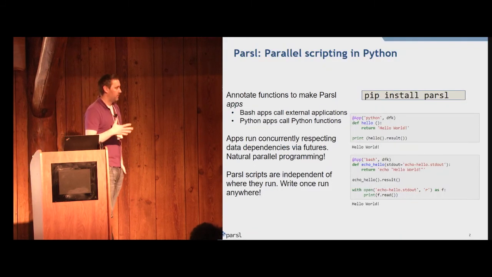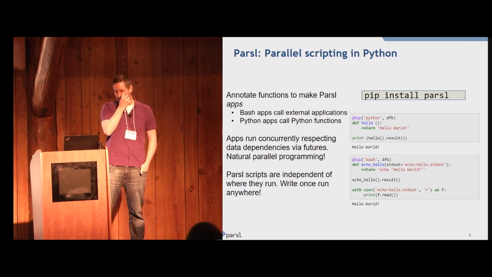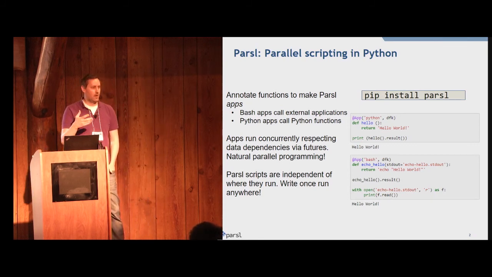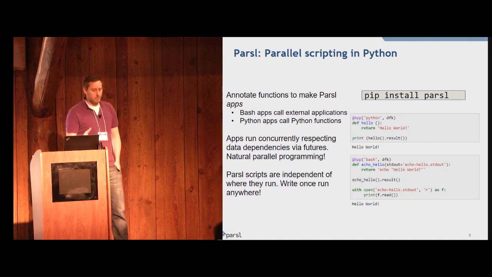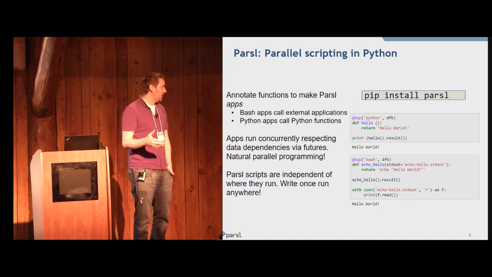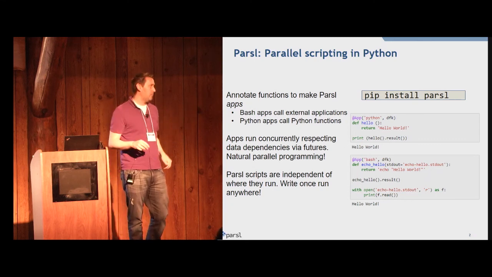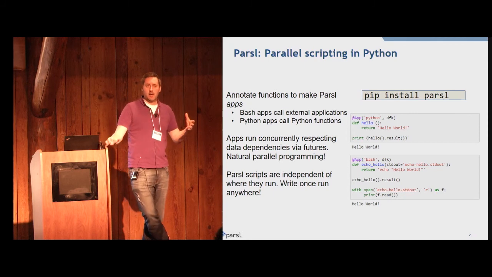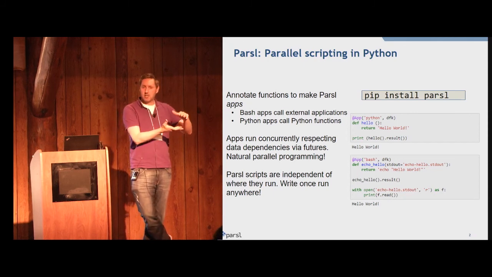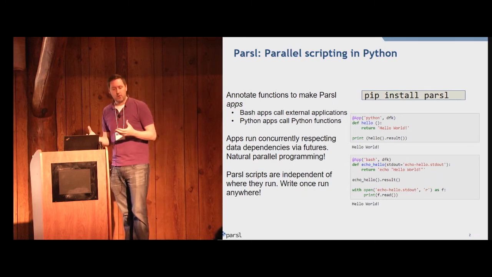So as I mentioned, pure Python, pip install Parcel, that's all you need to do to start using the Parcel programming library. The basic idea is to try and keep Python scripts as Python-like as possible. So essentially what you do is you annotate these functions to make what we call Parcel apps. These apps are either Python functions or wrappers around external bash or binary applications that need to be executed.